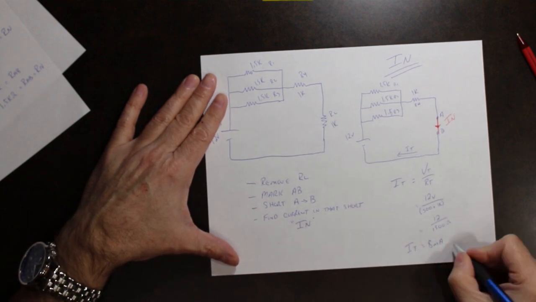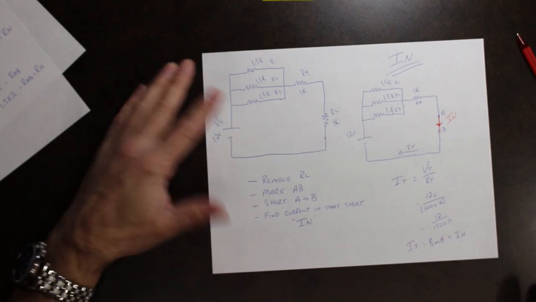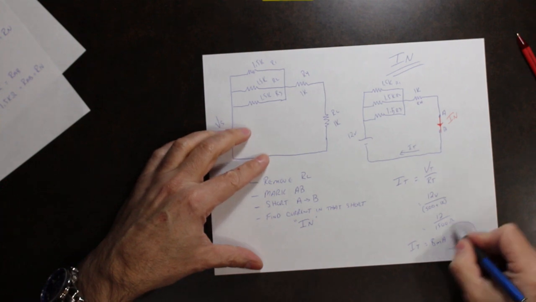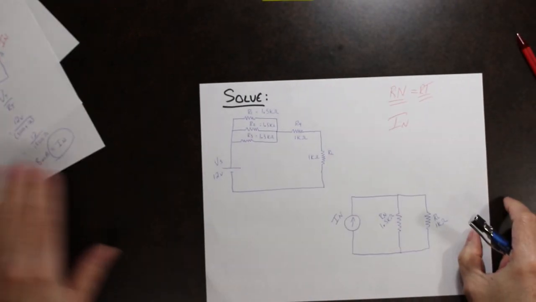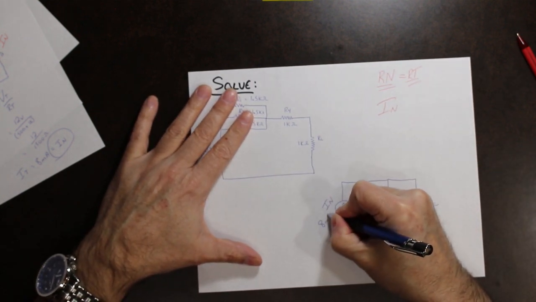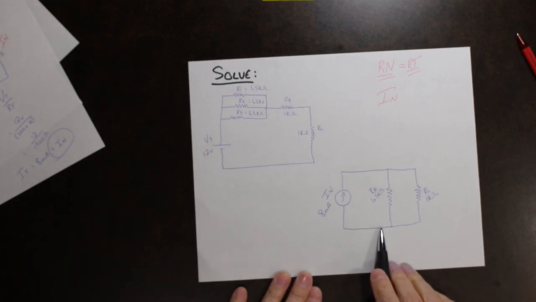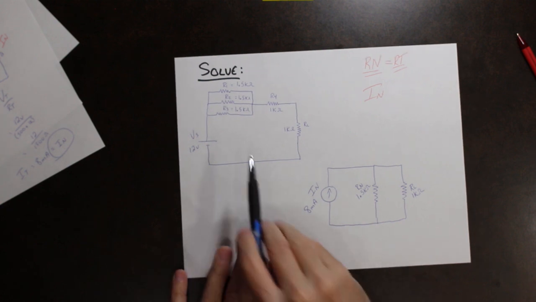That just happens to be, for this example, I Norton. So now we've figured out I Norton. We'll go back to our original circuit here, and we put this as 8 milliamps, I Norton. So now we have completed Norton's equivalent circuit. So here's the original.